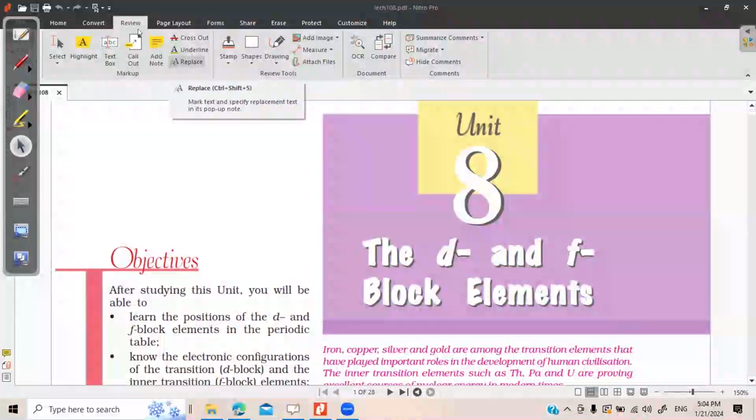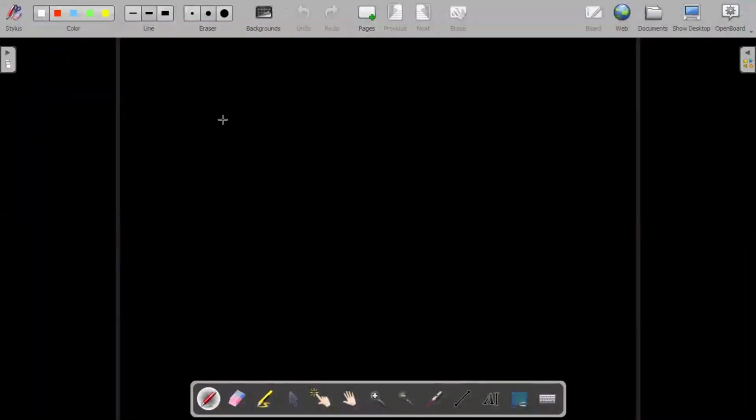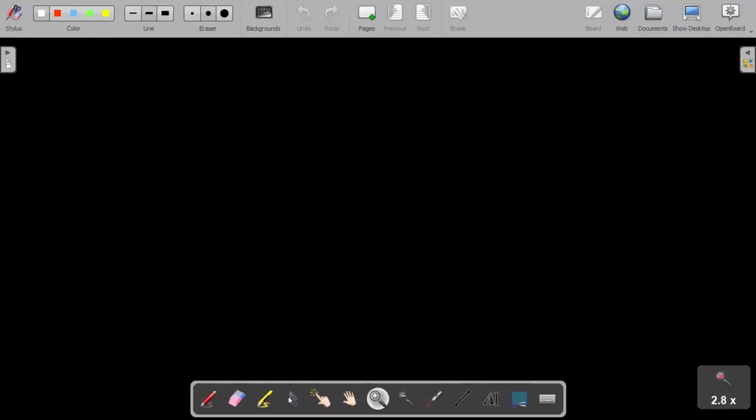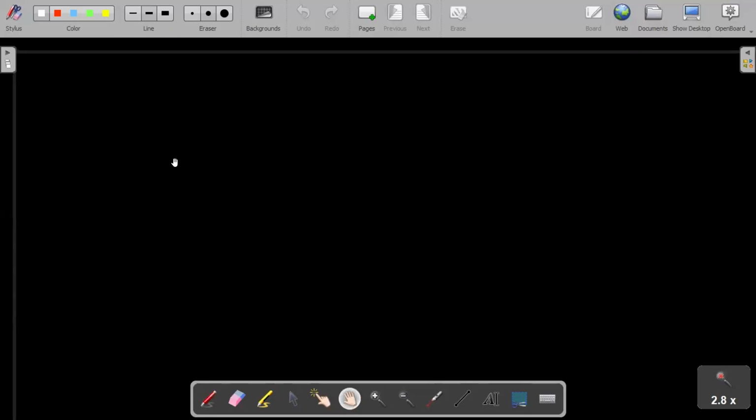So let us start with D block elements. Let's see what D block elements are.